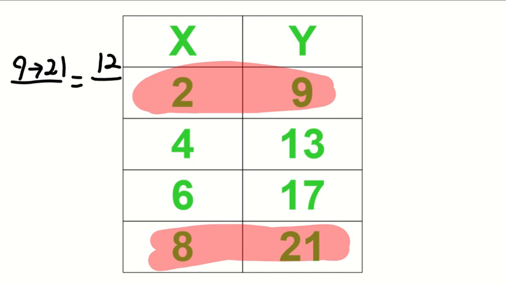My x values are going from 2 to 8, so that's increasing by 6. What's 12 divided by 6? 2. Same exact slope. Any 2 points on there, it doesn't matter which 2 I use, should give me the same slope if they're on the same line.